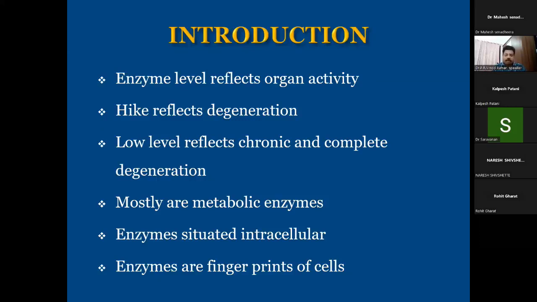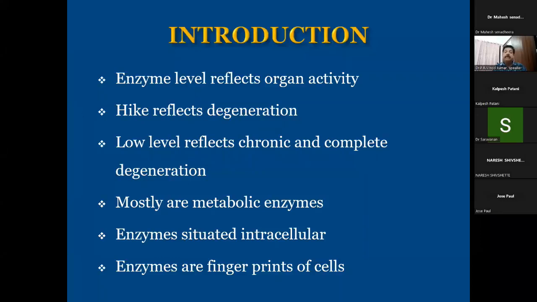target organ. For example, pancreas produces certain enzymes. We know amylase, lipase, some proteases, etc. Lipase is the main enzyme. So if there is a very high increase in the lipase level, what does it mean? It means that the pancreatic cells are destroyed and the lipase is being released to the circulation, absorbed in the circulation, and from the circulation we are taking some blood and estimating the lipase level.